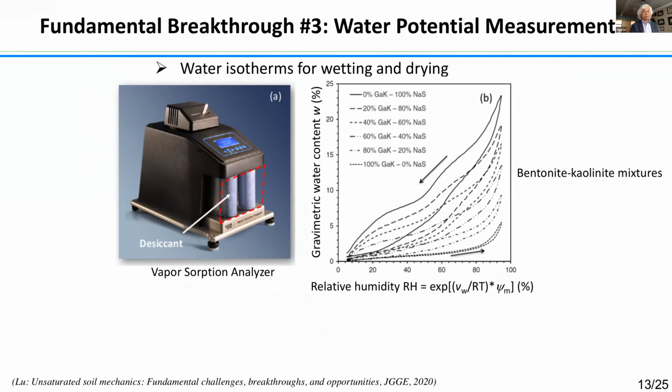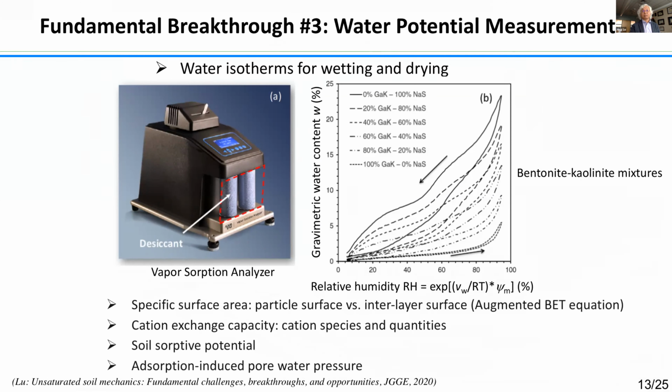So with this measurement, we actually can do something. We can measure from this so-called isotherm, sometimes called soil retention at high suction. You can know the specific surface area precisely, and you can even distinguish between the internal or external surface.